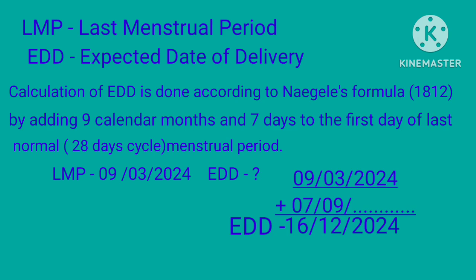So after calculating, I got the EDD, that is 16 December 2024. The expected date of delivery for the LMP 09/03/2024 is 16 December 2024. After adding 7 days and 9 calendar months, I got this date.